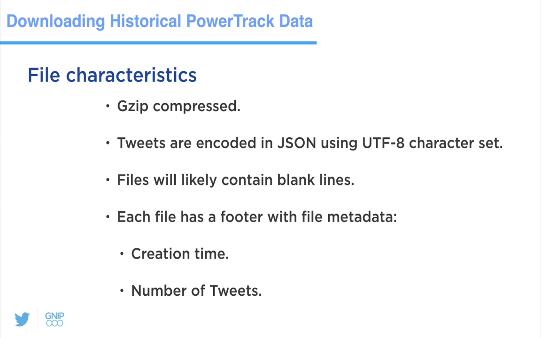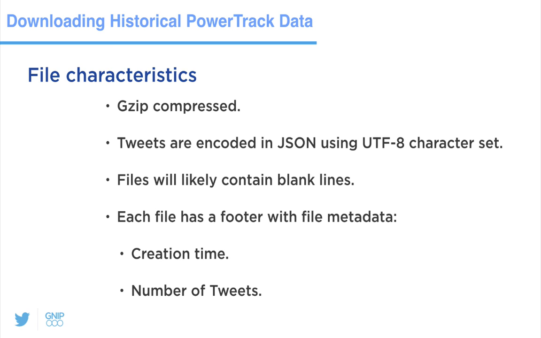Each file will likely contain blank lines, and also each file has a footer with file metadata at the bottom. And this metadata includes the creation time of the file and also how many tweets are included in that file.